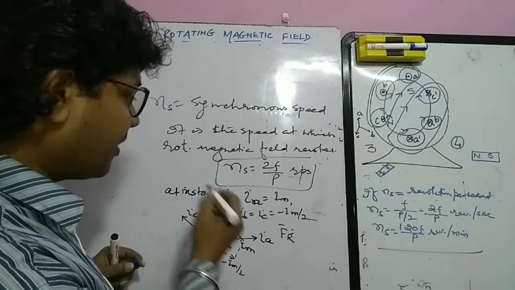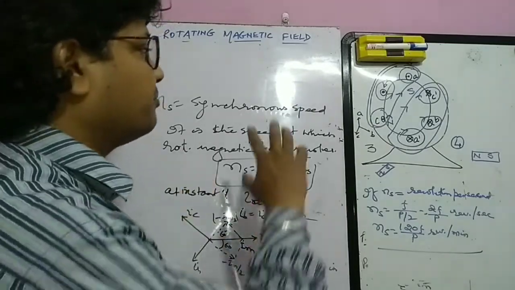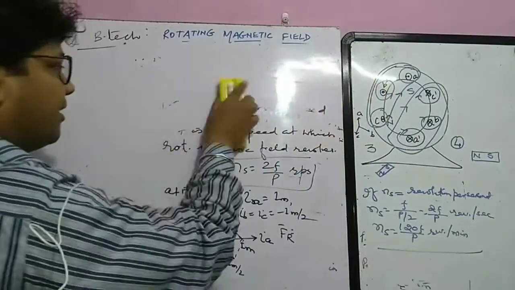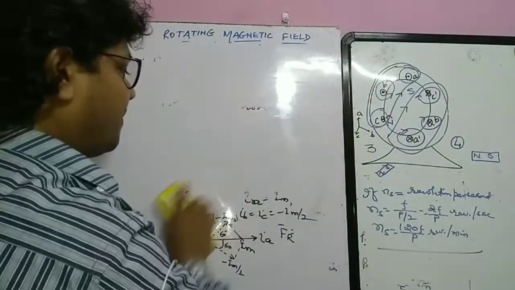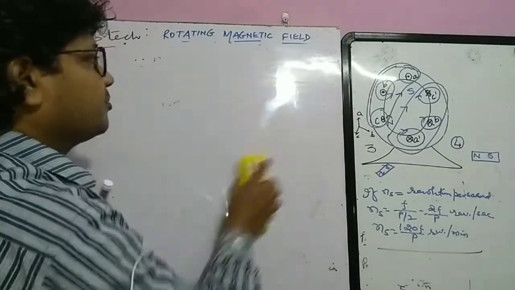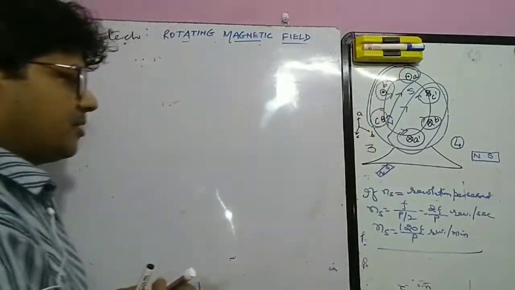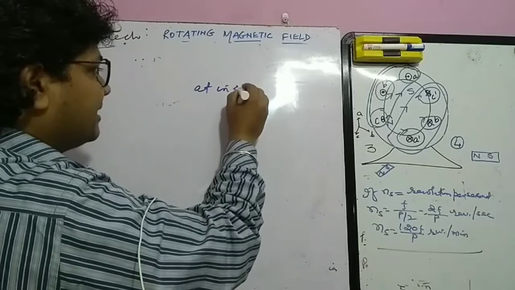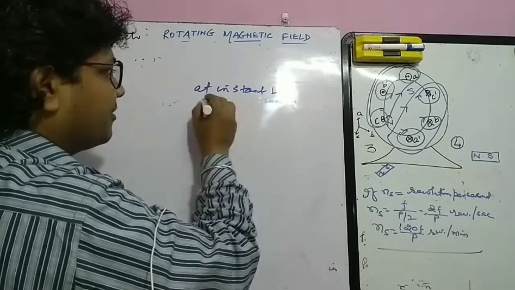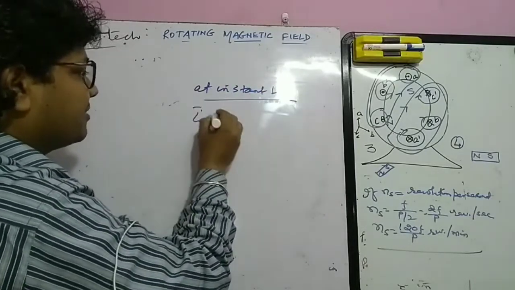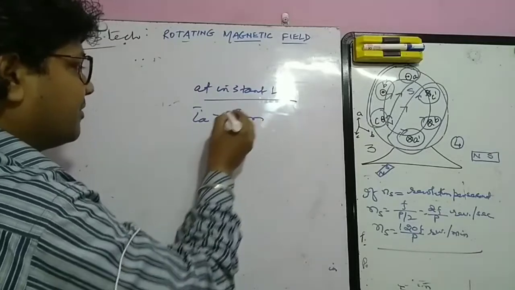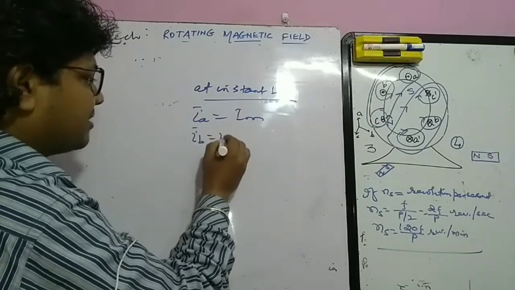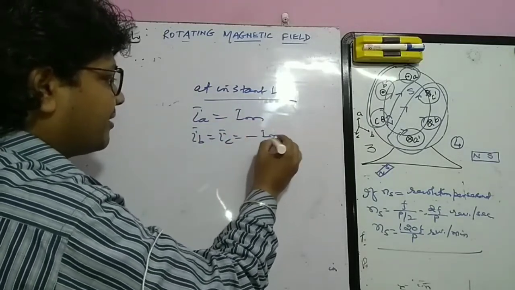I am making a big picture because I want to make it clear. So at instant 1, Ia was equal to Im, Ib is equal to Ic was minus Im by 2.